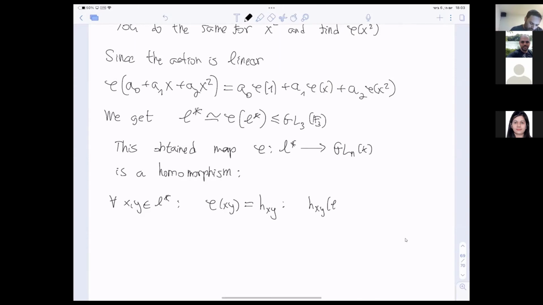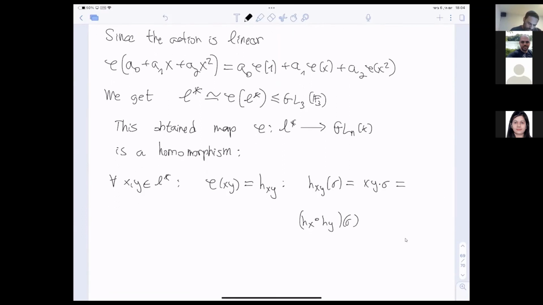Given an element sigma in L, it multiplies xy by sigma, which is exactly taking the composition of the two.